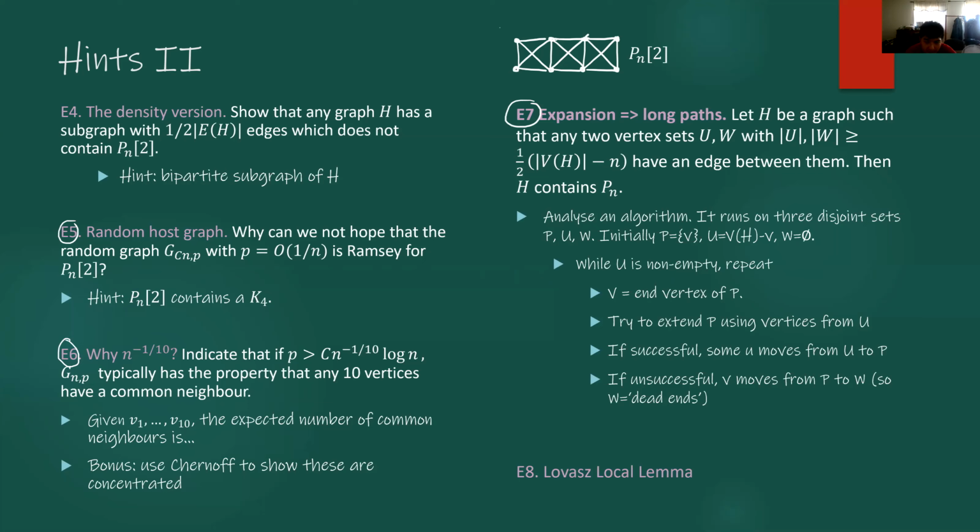Is question 5 a question about size Ramsey or regular Ramsey? It's a question about the density version of size Ramsey. You may know that Szemerédi's theorem is a density version of van der Waerden, meaning that you allow an adversary to come and remove, say, 90% of your integers, and you still contain an arithmetic progression.